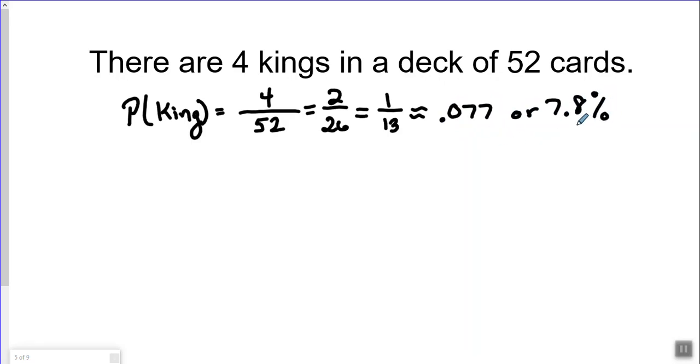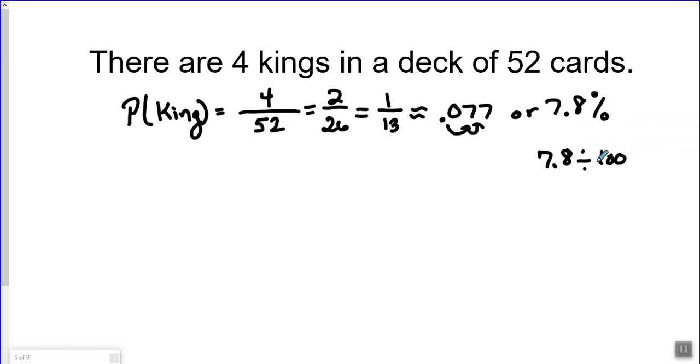And the way you change a percentage into a decimal is you move the decimal 2 places. Or the way you change a decimal into a percentage, you still move it 2 places, but you have to be careful on which direction you move it. Okay? The way I think of a percent symbol is, 7.7% means per 100.